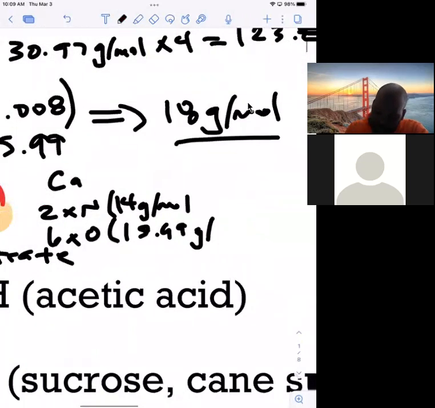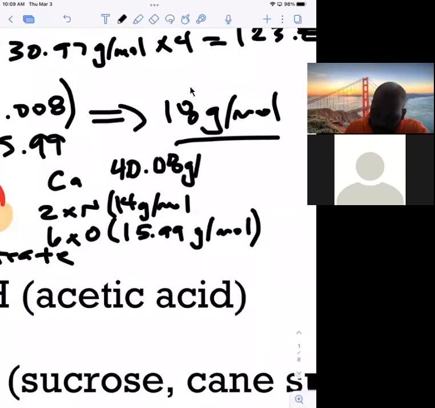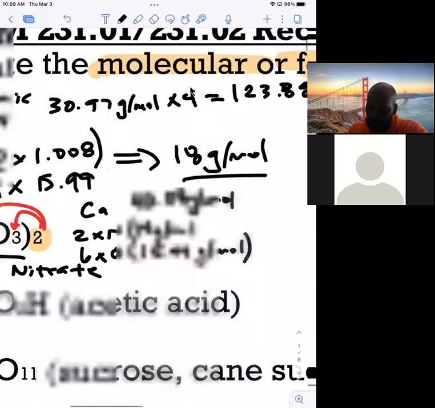Anybody got calcium off the periodic table yet? 40.078. Let's just say 40.08 grams per mole.